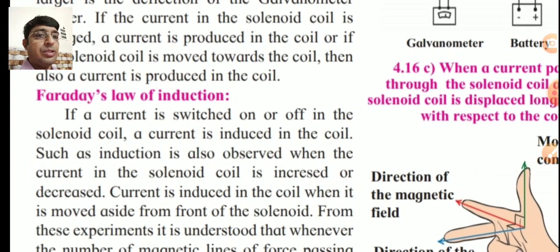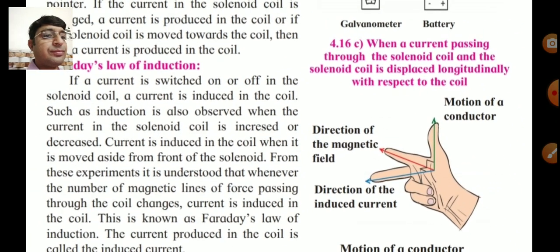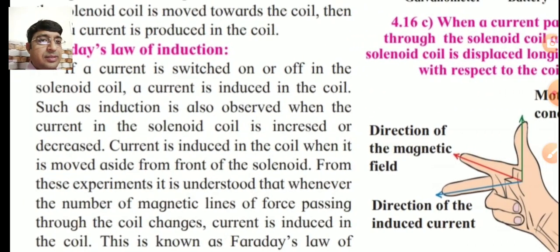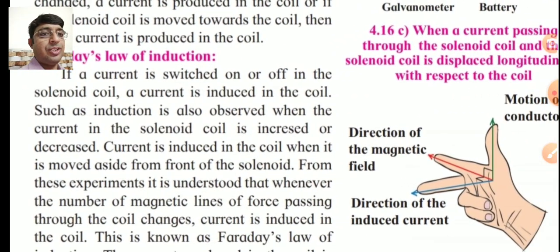Faraday's law of induction. If a current is switched on or off in the solenoid coil, a current is induced, meaning produced, in the coil. Such induction is also observed when the current in the solenoid coil is increased or decreased.